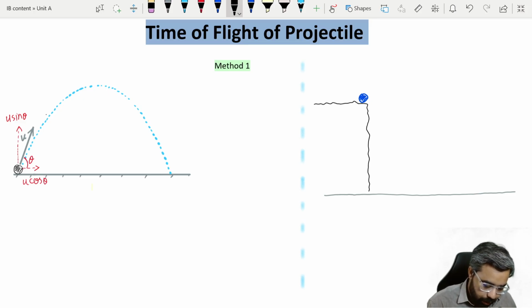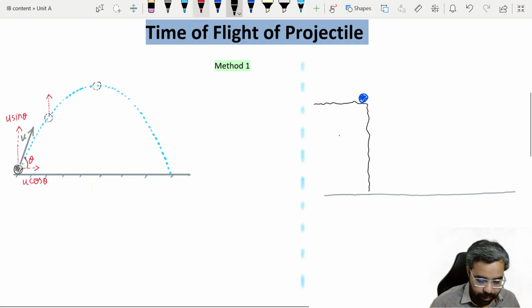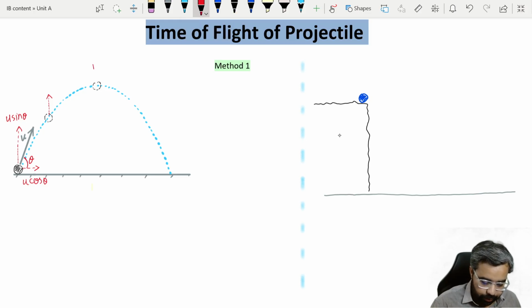As the ball is going up, I'm going to draw a smaller vertical arrow, and at the maximum height this ball will not stop, because it still has some velocity due to the x component of initial velocity, but the vertical velocity is 0, because the ball is not going any higher. So we are going to utilize these two positions in our method 1.